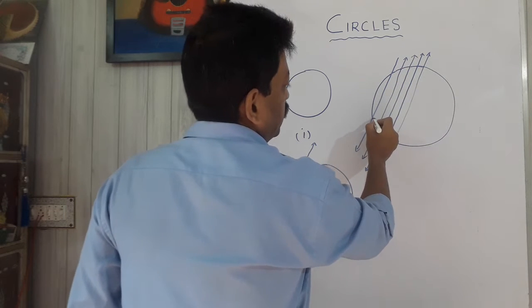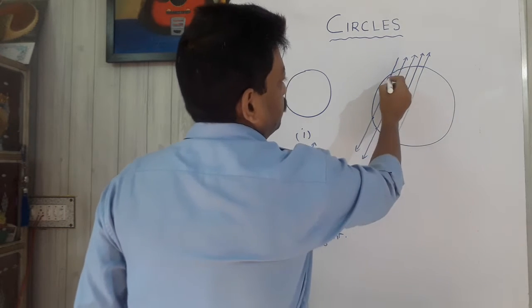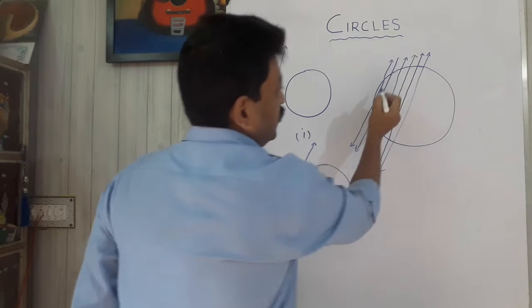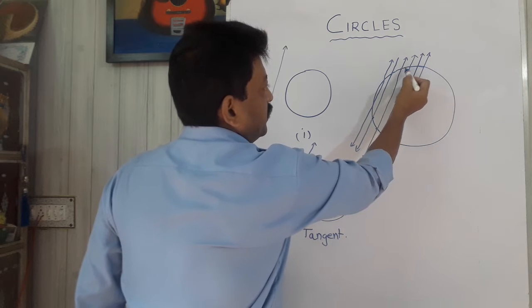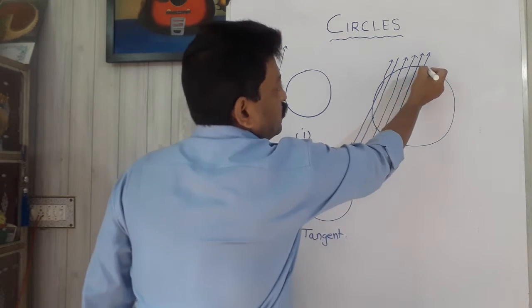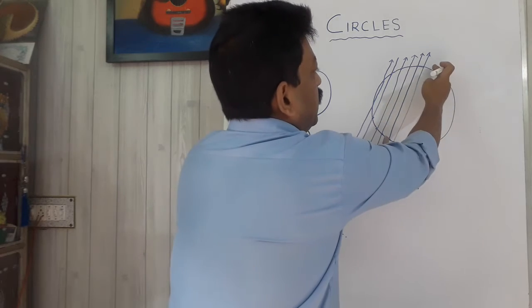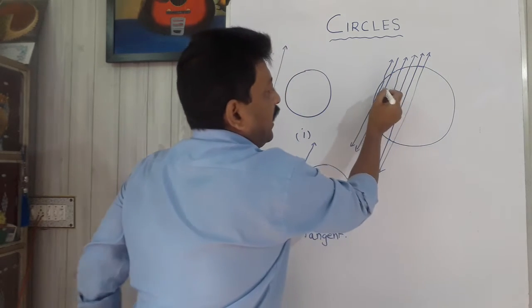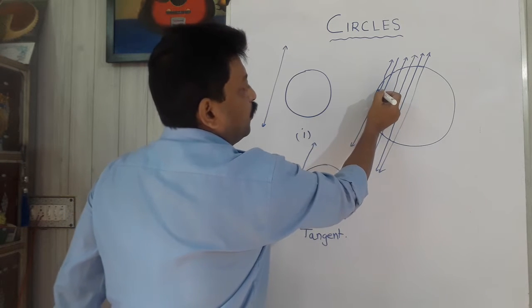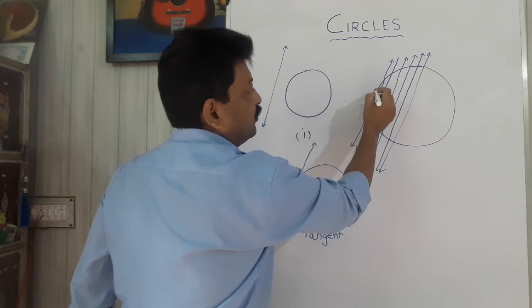Again, the points of intersection are coming closer. These two points of intersection are slowly approaching each other. And if it goes on like this, a time will come when both the points of intersection will coincide.